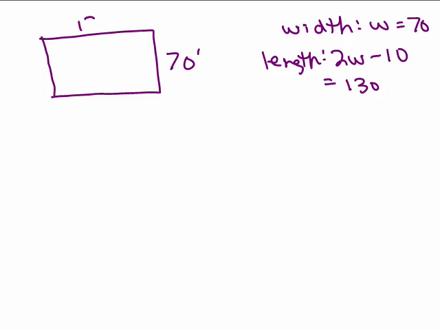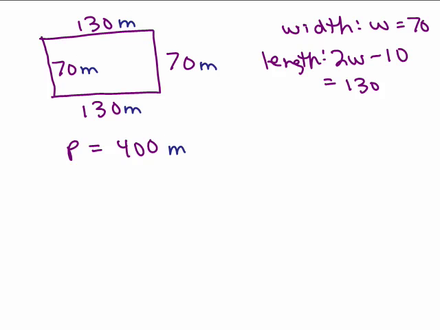So this would be 130, this would be 70, and this would be 130. And so if you add up all the sides, the perimeter does equal 400. Oops, this isn't feet. We are doing meters. So it checks.